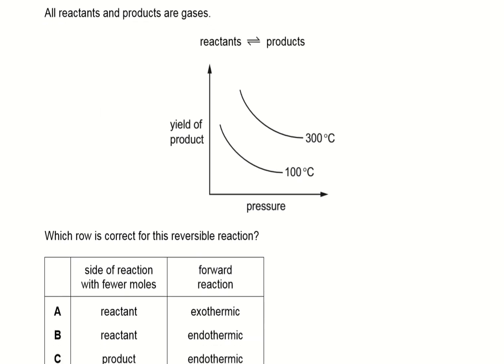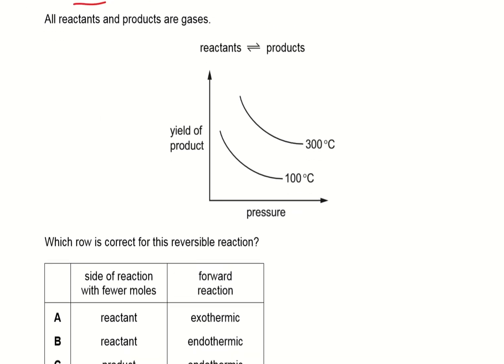Now, to understand the diagram better, let me explain. You have your yield here and you have your pressure here. Looking at this alone and ignoring this other part, looking at the yield, I have my product here and I have pressure here. If my graph is like this, that means that as the pressure increases, I'll have lower product.